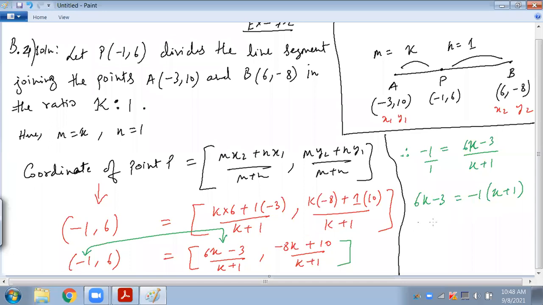Multiply and remove the bracket. There is minus, so -k -1. Now bring all the k to one side and take all the numbers to the other side. How much? 2. So k will be equal to 2 by 7. So we are getting k as 2 by 7.